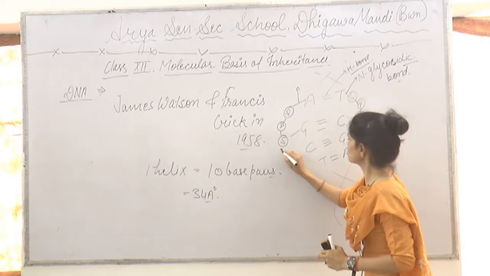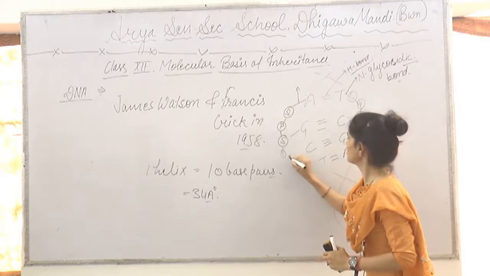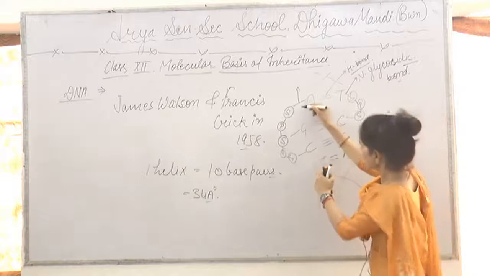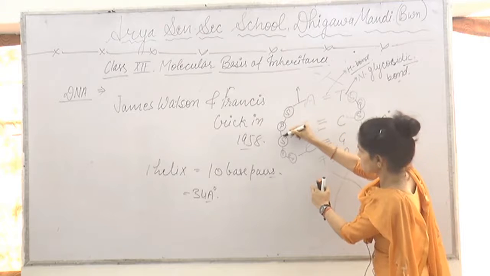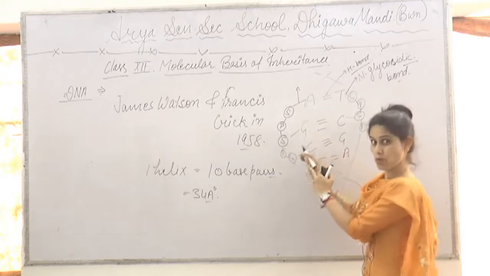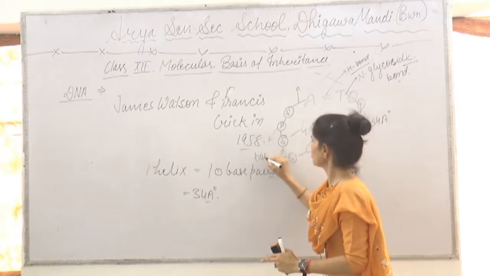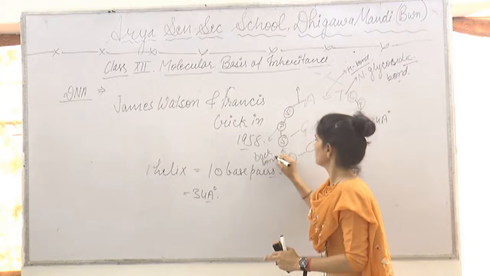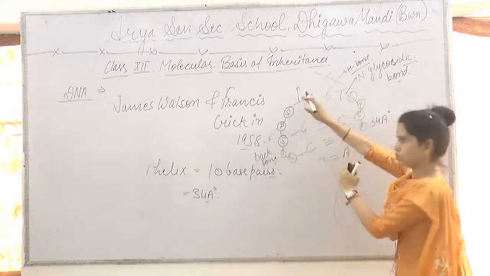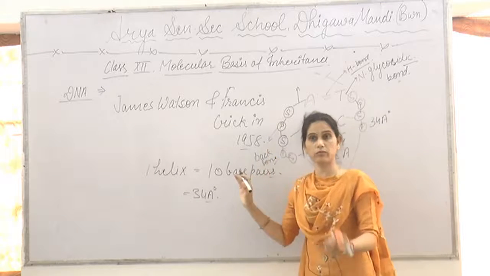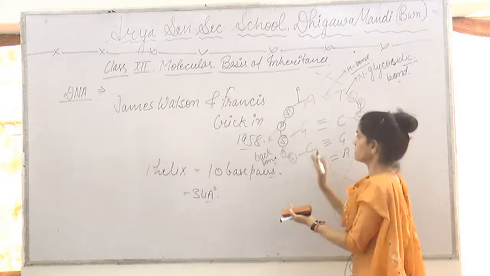This is pentose sugar and this is nitrogenous base. So this pentose sugar and phosphate group form the backbone of DNA. Which components form the backbone of DNA, what answer will you give?